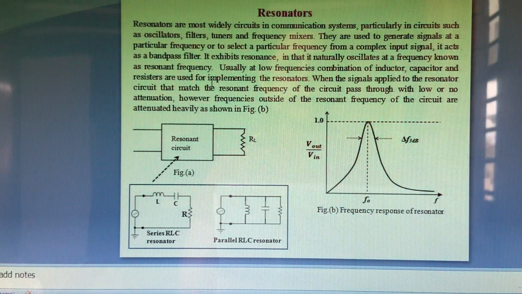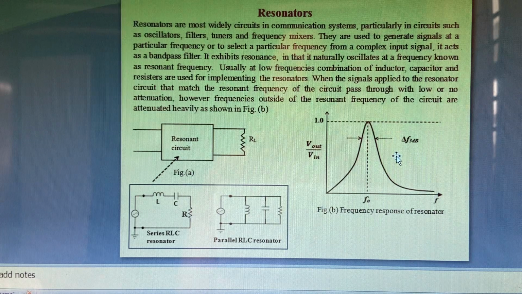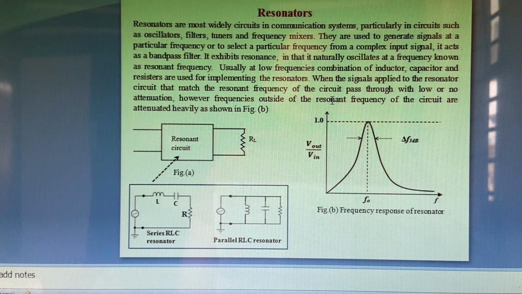When signals applied to the resonator circuit match the resonant frequency of the circuit, they pass through the resonator circuit with little or no attenuation. But the signals outside the resonant frequency, on either side of it, are attenuated more.